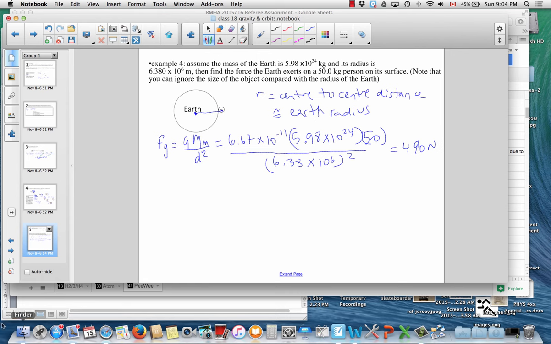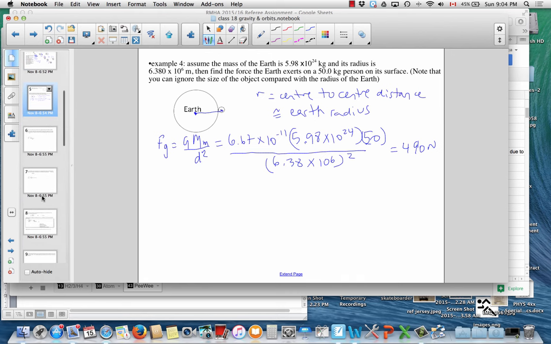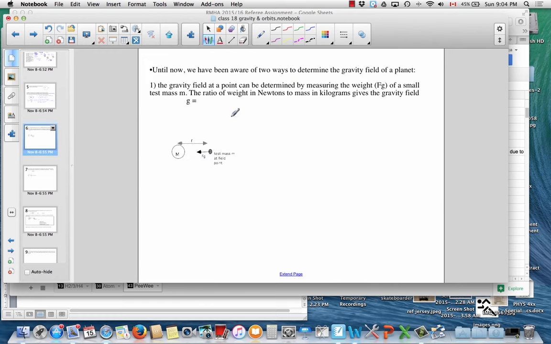It's telling us another way of finding out what the gravitational field is on the surface of the Earth. Because up until now, we knew that gravitational field strength was a ratio of weight to mass in newtons per kilogram. And on the surface of the Earth, we knew it was 9.8 newtons per every kilogram of matter.